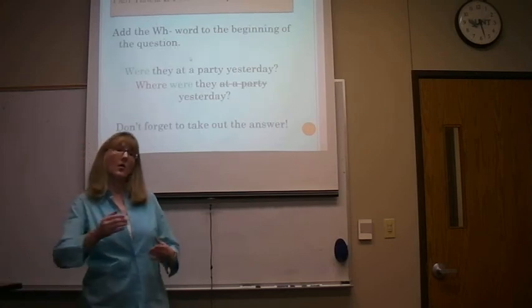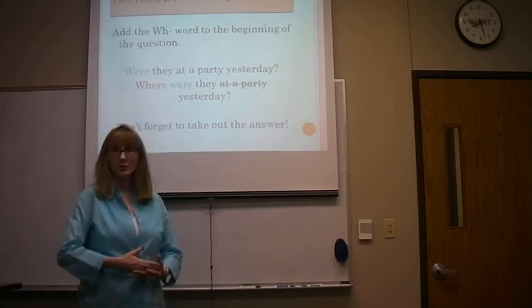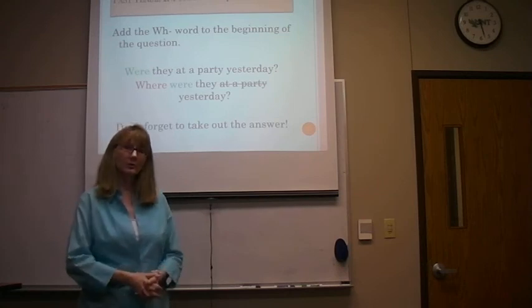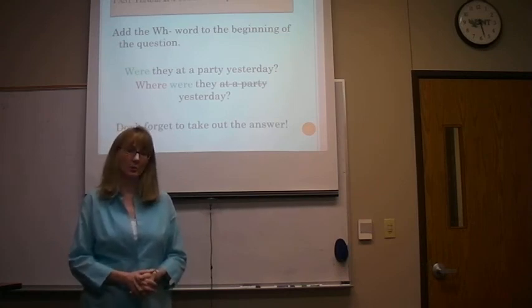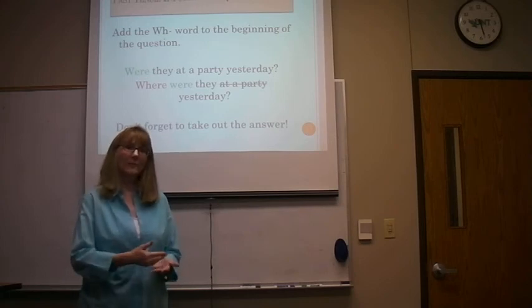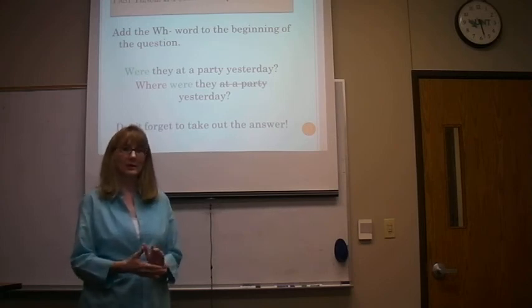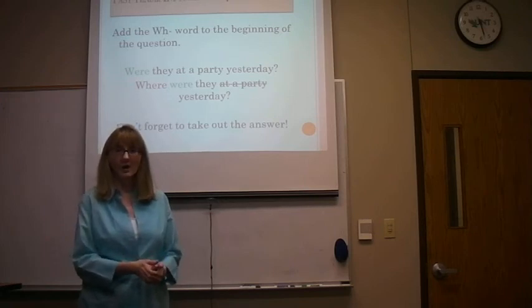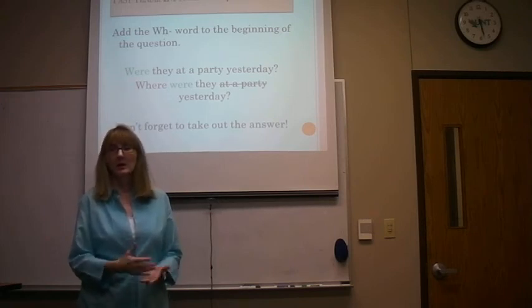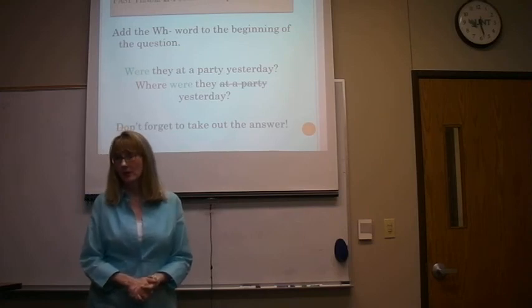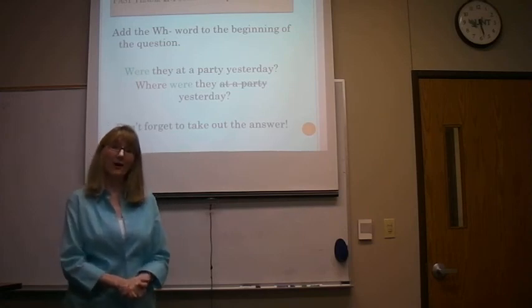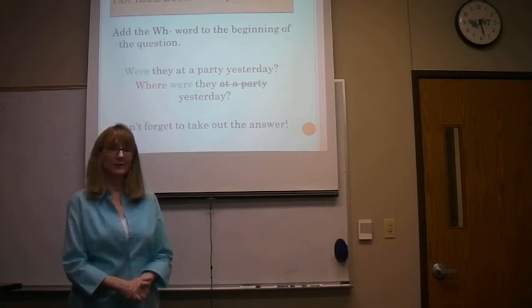Now, to make this question into a WH question, these are also called information questions. And information question words are things like what, when, why, where. All that we have to do is add one of the question words in front of the be verb.